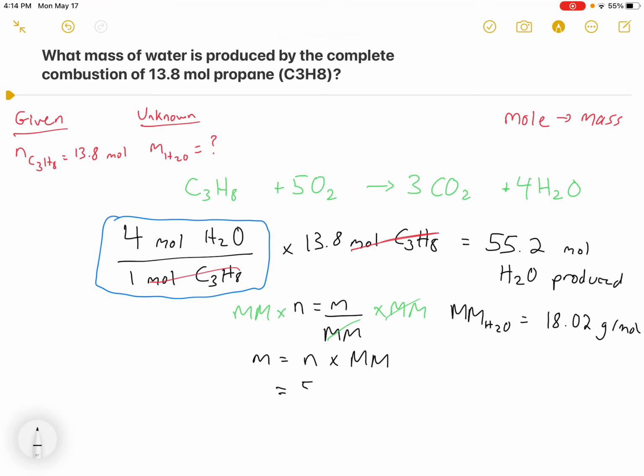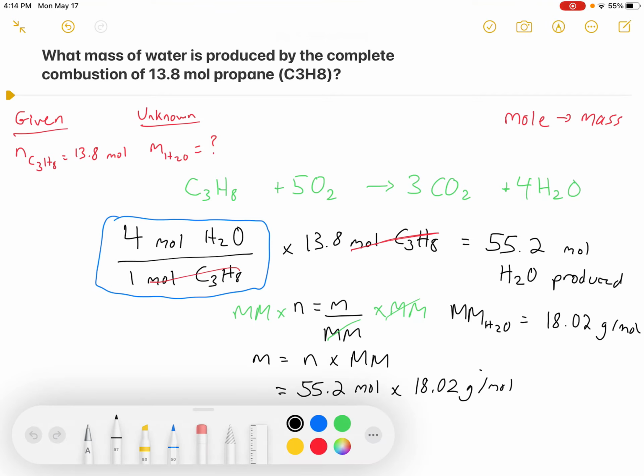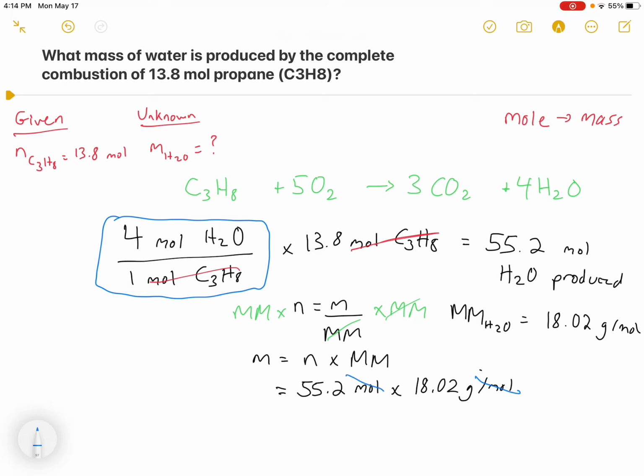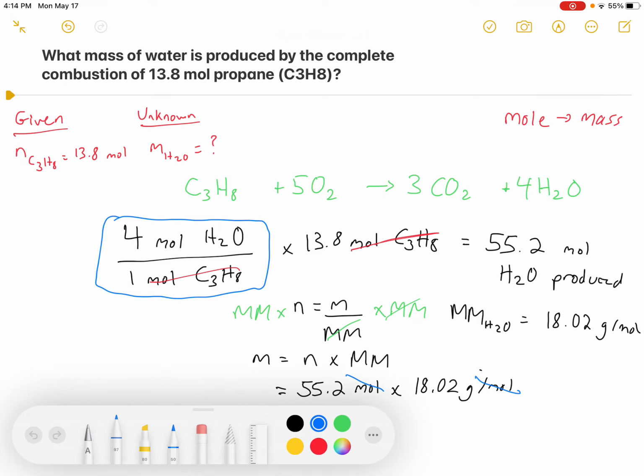And then that's going to be equal to 55.2 moles times 18.02 grams per mole. The units of moles are going to cancel out, leaving us with a unit of only grams. That's how we'll know that we have done things correctly.